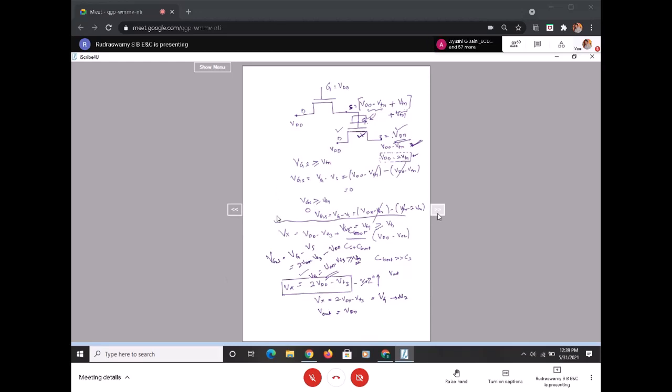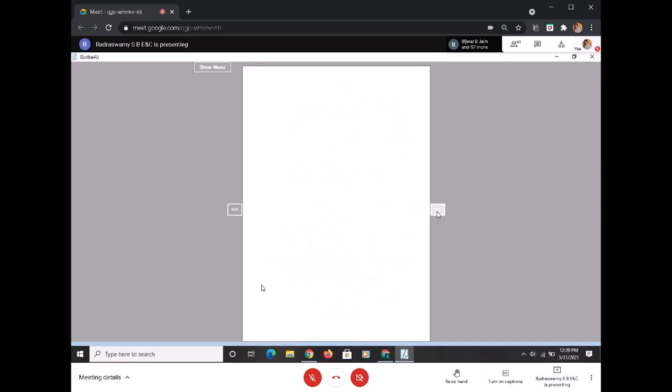Whenever there is a threshold voltage drop, you may ask, why do we want all these things? As I said in the previous pass transistor, if this is driving one more, what is eventually happening to my output here?